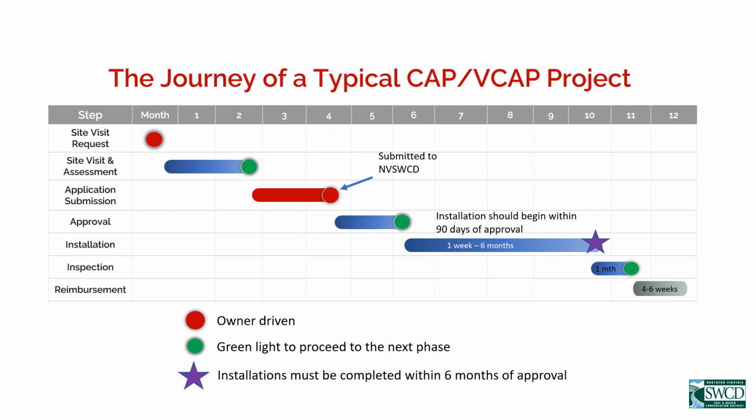So that's a big variable. We do see generally people take 3 to 6 months perhaps for an application submission. But if you're working with them, that's more under your control as well.